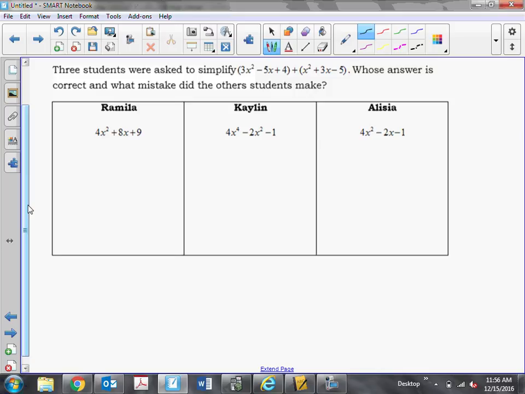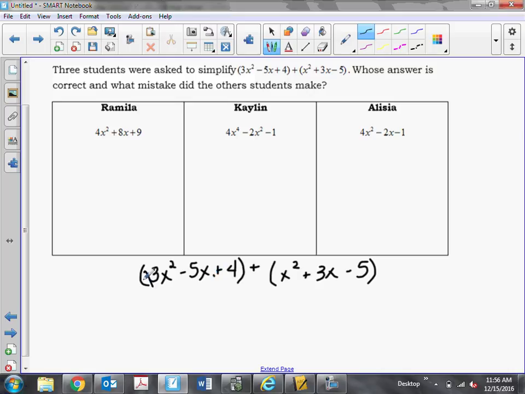So if we go ahead and rewrite this down underneath, we will have parentheses 3x squared minus 5x plus 4, and then plus parentheses x squared plus 3x minus 5. Now we want to combine like terms.